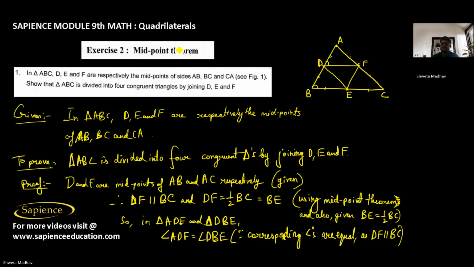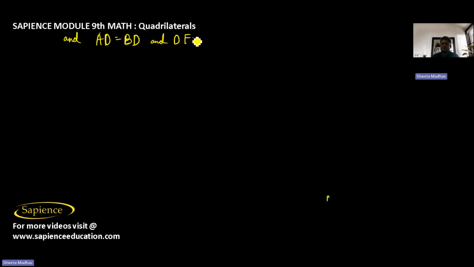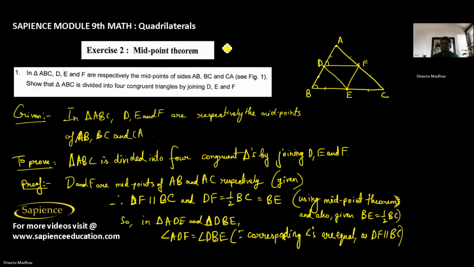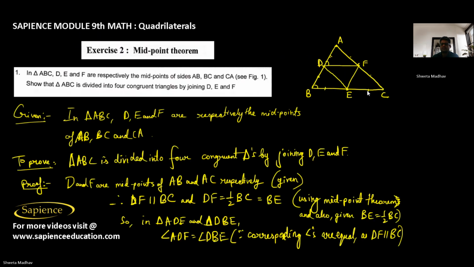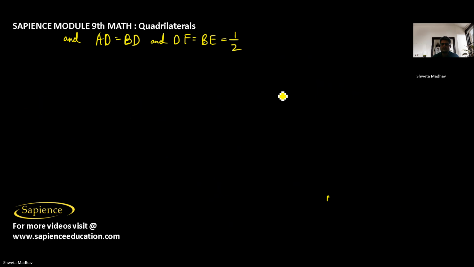And DF equals BE, which is equal to half of BC, which is proved above.